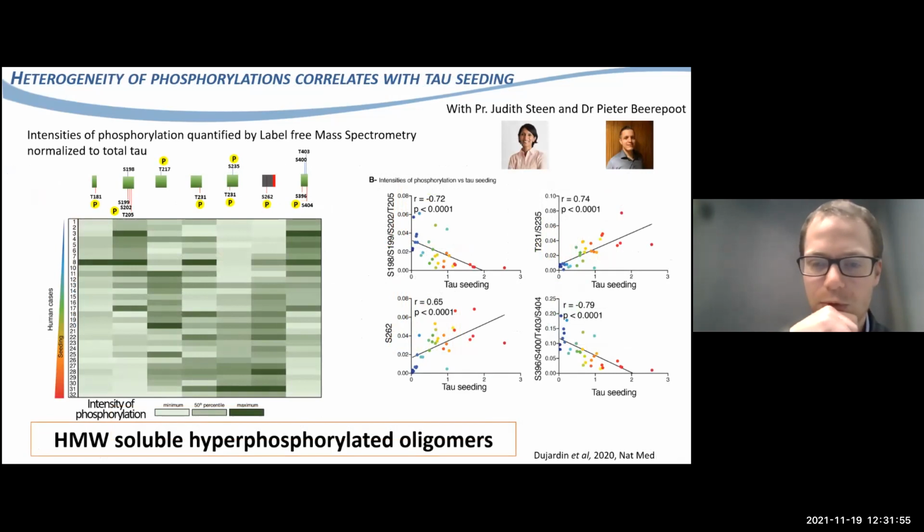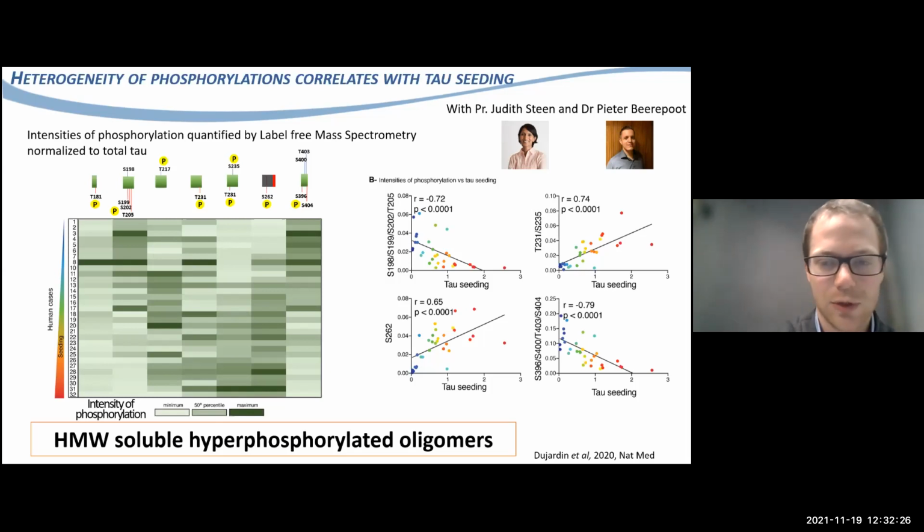And then we went further. We wanted to know if their content in post-translational modifications was different from patient to patient. So we purified this high molecular weight tau, and we sent it to Professor Dujardin at Harvard Medical School to be run on a mass spectrometer, and find out if it was phosphorylated, at what sites, and how much.